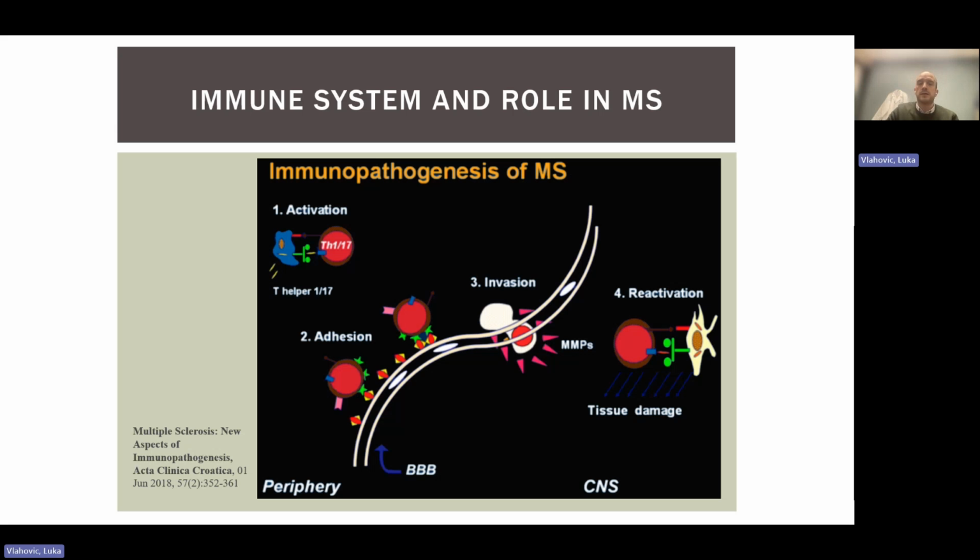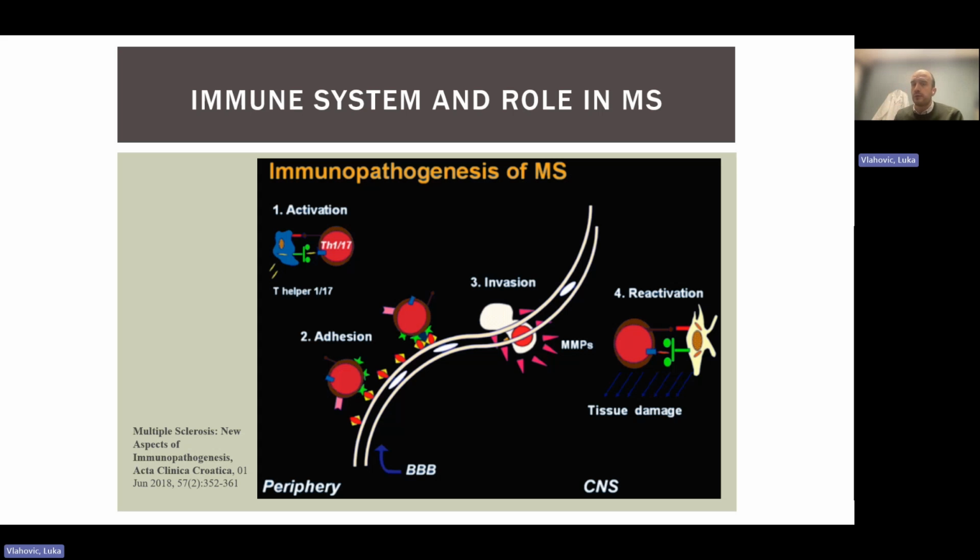Then T cells get activated, go through the bloodstream, attach to the blood-brain barrier and penetrate through it, and then get reactivated within the brain and spinal cord and cause damage.